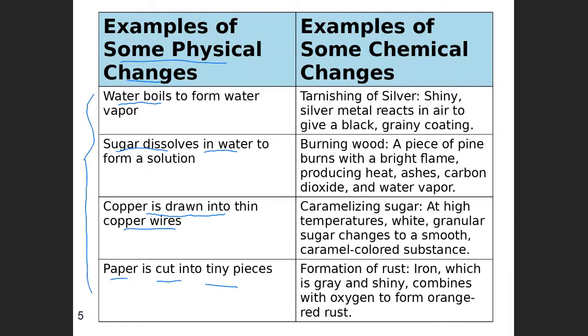But changes like caramelizing sugar, formation of lava, the original matter or substance is changed to a new substance which has chemical and physical properties different from the original matter.